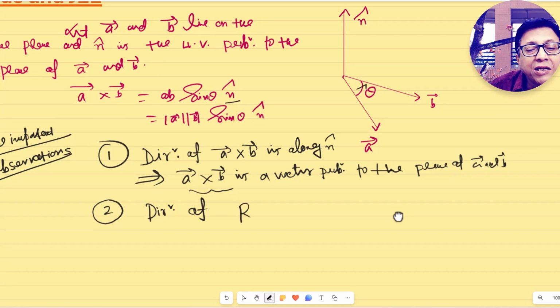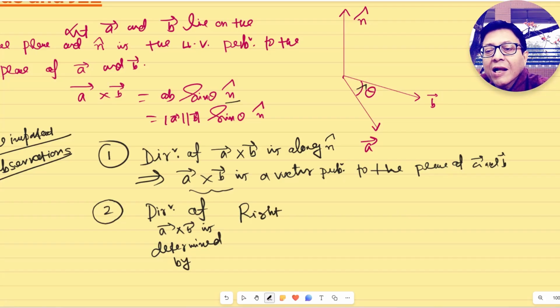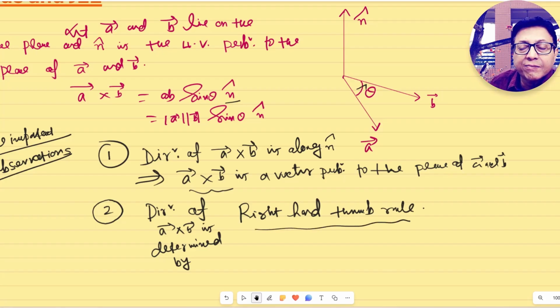Remember, if you just go by cross product, if you say that the sense of rotation from A to B and n cap is coming accordingly, like in a right-handed system, then it's fine.